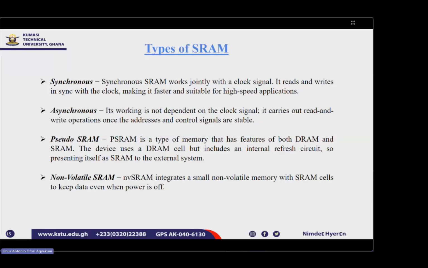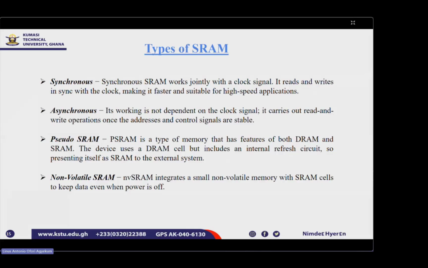Then we have the pseudo SRAM. It has both the features of the dynamic RAM and the static RAM. What it does is that it uses the DRAM cells, but includes an internal refresh circuitry. And then the SRAM now becomes an external system to it.